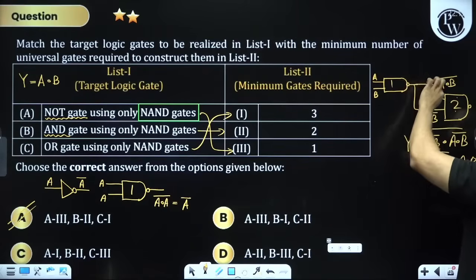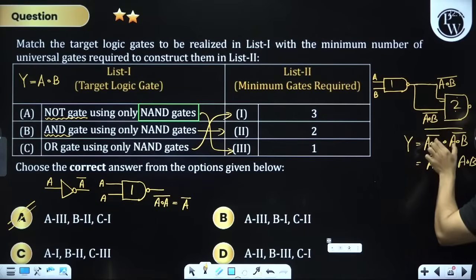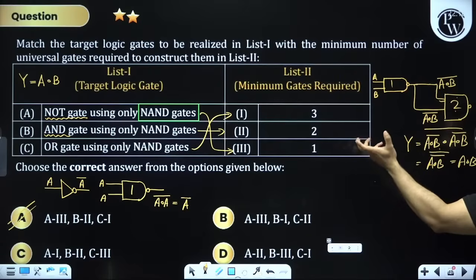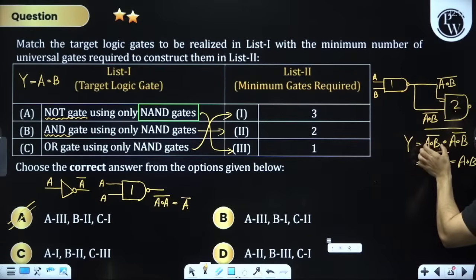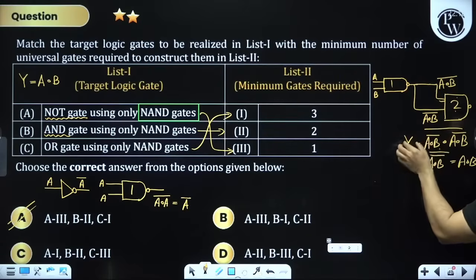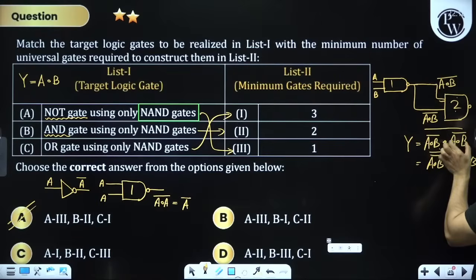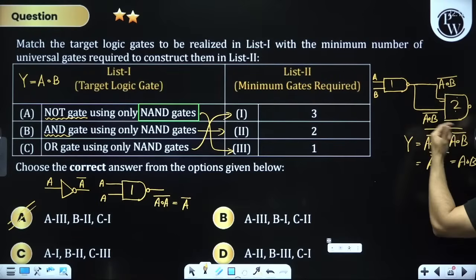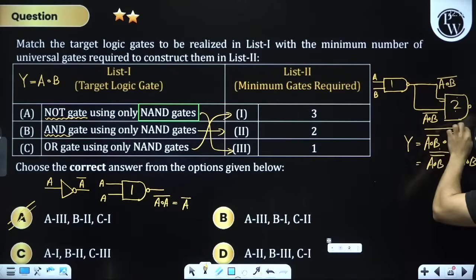So one input is (A dot B) bar, another is also (A dot B) bar. So this will become ((A dot B) bar dot (A dot B) bar) bar, because what does a NAND gate do? P dot Q, and a bar on it.